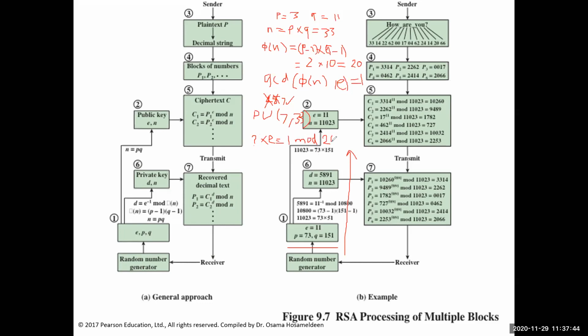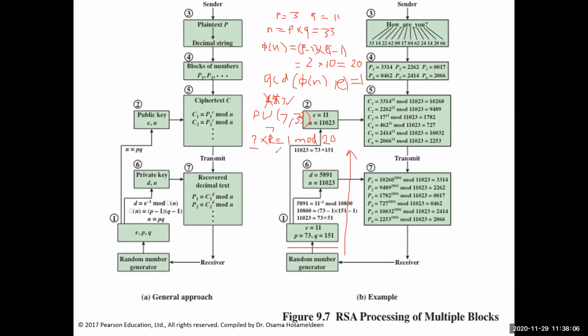So what number should I multiply by E, which is the public key, 7? What is the number to multiply by 7 that gives us a remainder of 1 mod 20?